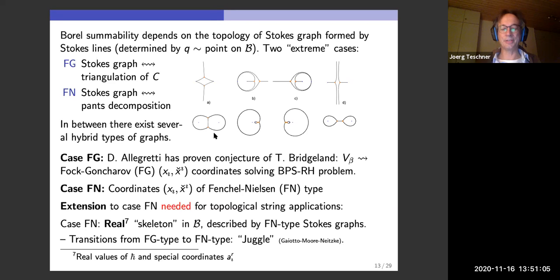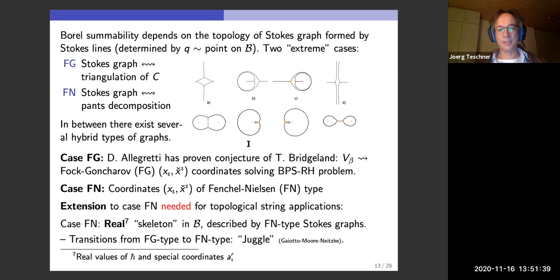Namely, only then will you find that the 4D limit of topological vertex calculations gives what this prescription, this proposal, which assigns partition functions to choices of coordinates, which are in turn determined by these networks or Stokes graphs, gives. Only then does it work out, right?